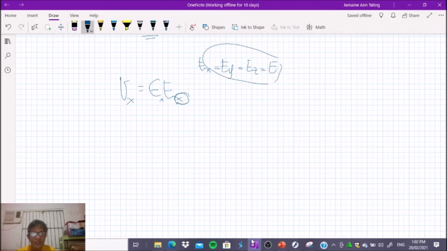So, kumbaga ito na lang na dalawa ang magkakaroon ng subscript. That is in the x direction.